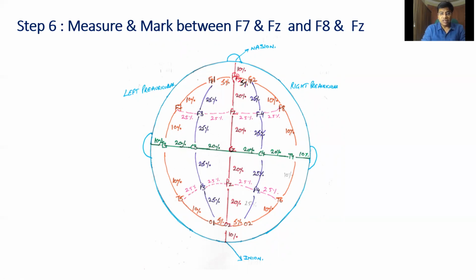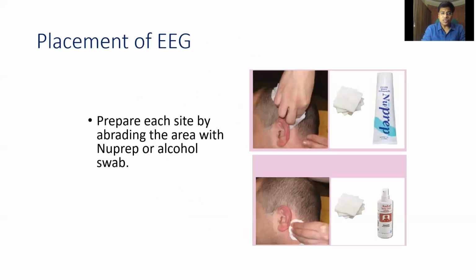So once we have found the EEG locations, we need to prepare the skin for placing the electrodes. How do we need to prepare this? We have to have a good Nuprep cream and an earbud. Take the earbud, take some Nuprep, and clean the scalp to remove the dust, to have better impedance and better conductance for getting better EEG waveforms.